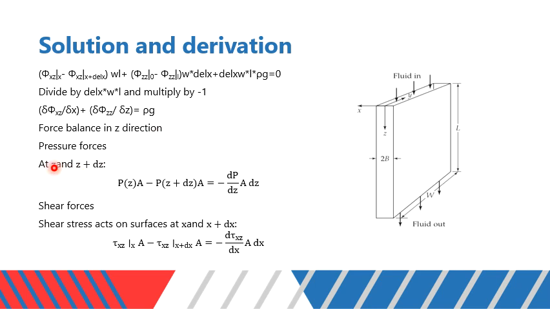So first, pressure force at z and z plus delta z. Then we will take p at z times A minus p at z plus delta z times A, which equals minus dp by dz times A. Then shear force: force acting on the surface is equal to shear force, tau xz at x times A minus tau xz at x plus dx times A, which equals minus d tau xz by dx.